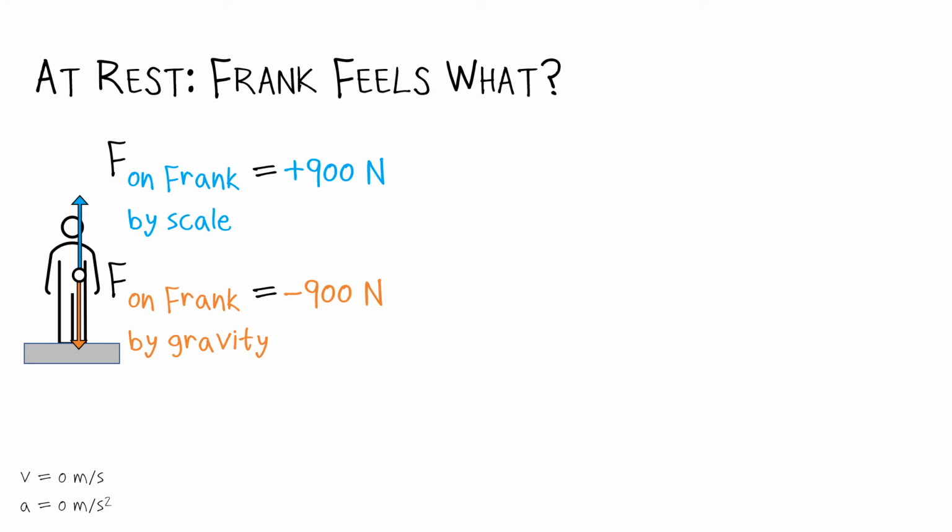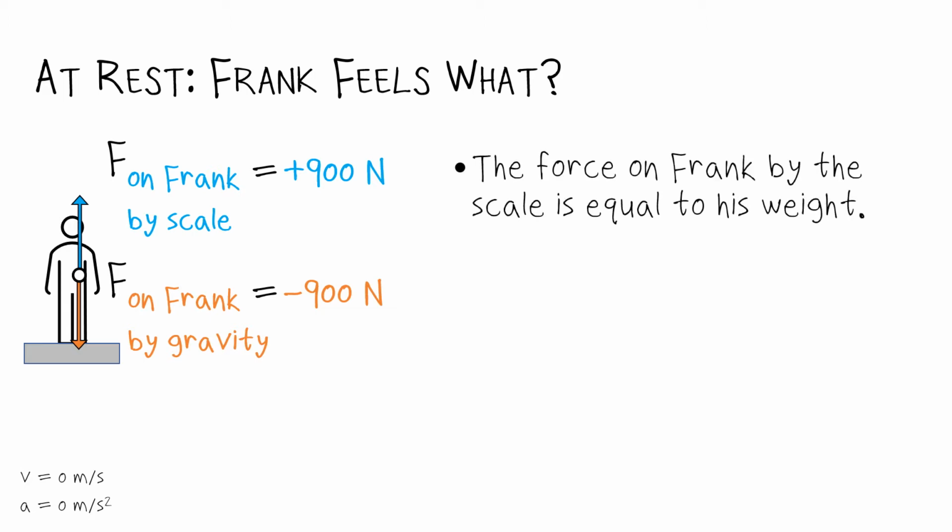So in a question that may seem trivial in this particular scenario, we're going to ask ourselves, what does Frank feel? Well, Frank has a force acting on him by gravity pulling down, and then there's a force acting up on him from the scale that's equal to his weight. And we get cues about our weight from how we interact with our environment. The surface pushing up on us is one of the ways that we interpret our weight.